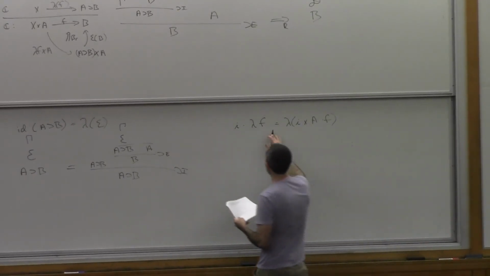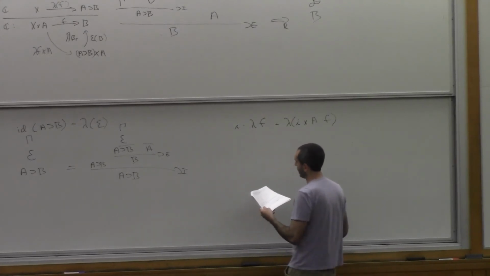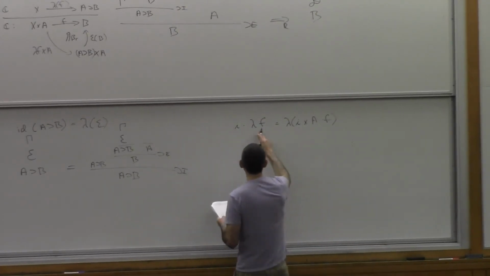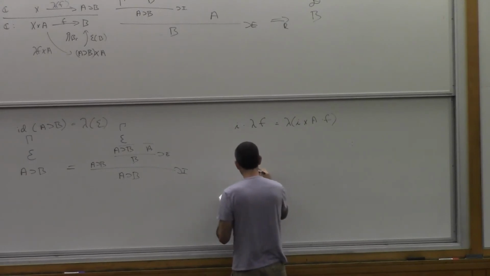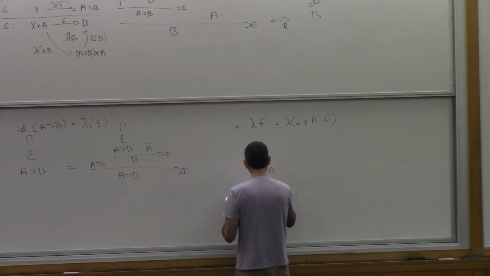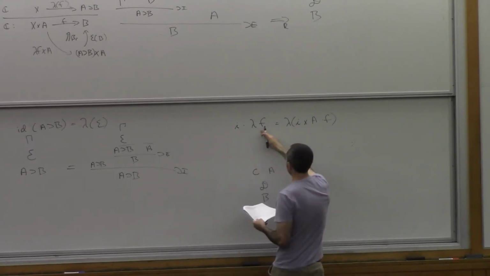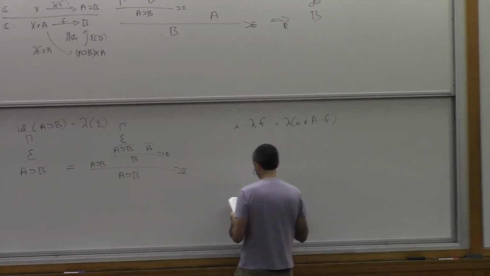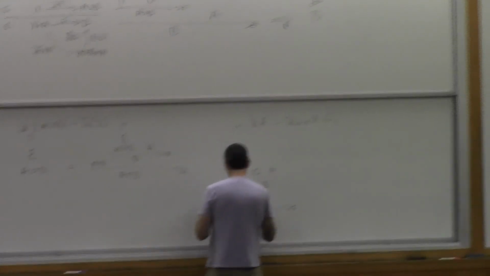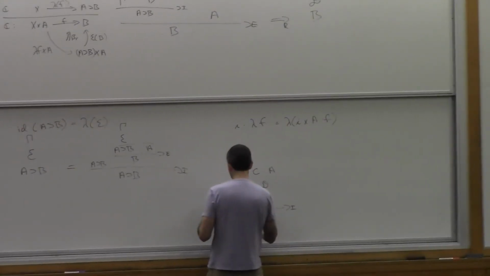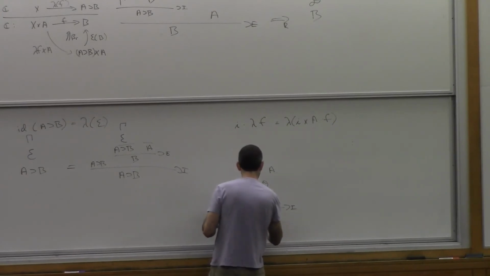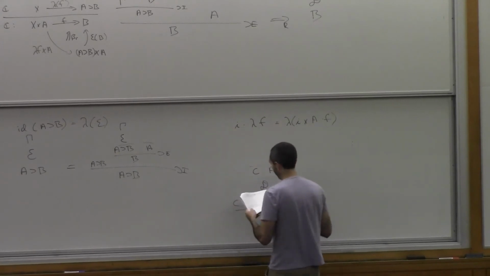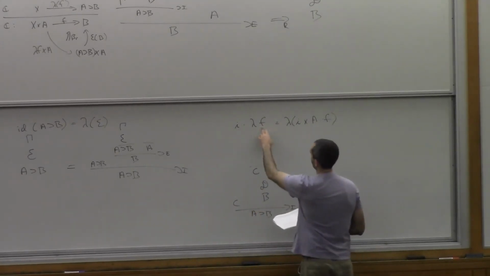Okay, so let's see what this says if we write it in a natural deduction style notation. If we take a derivation D, to interpret as the arrow F, and we curry it, then I can infer this.